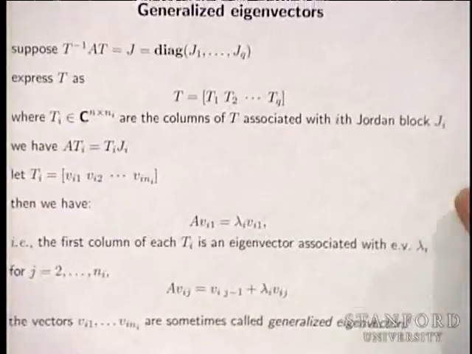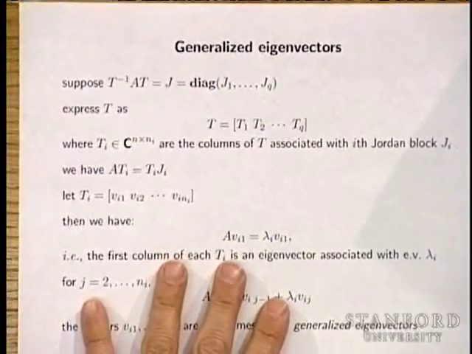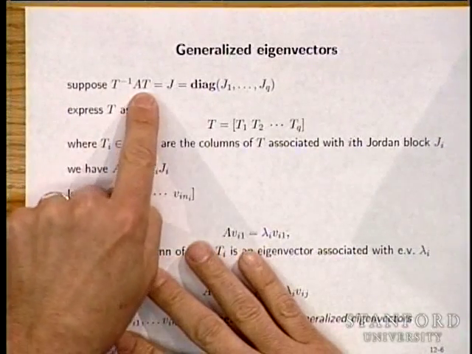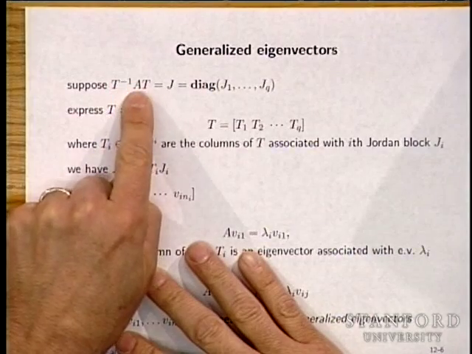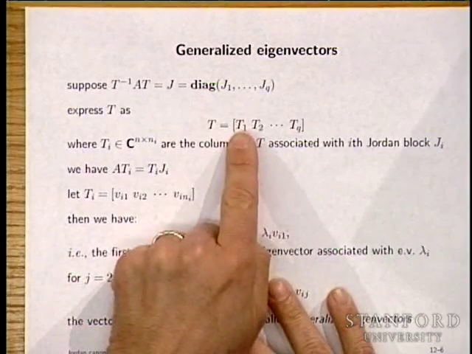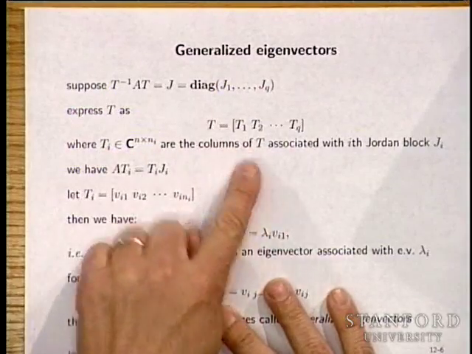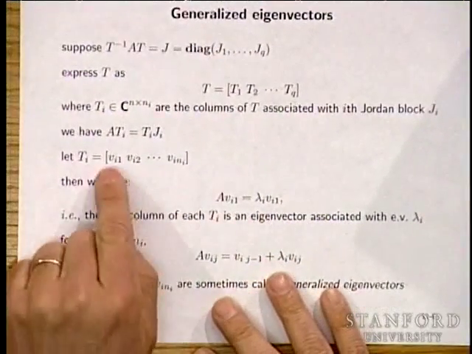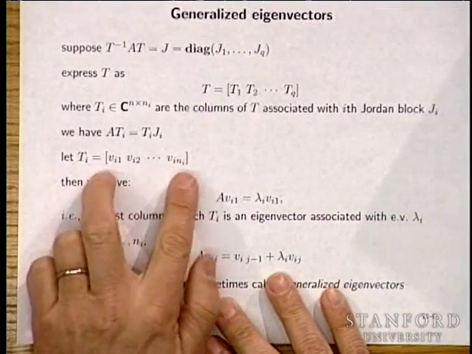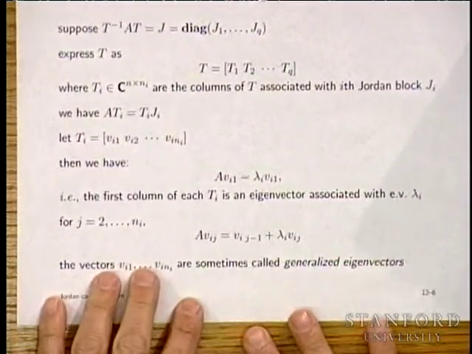Okay. Let's look at, naturally, the columns of T in T inverse AT equals J. They are called generalized eigenvectors. You group these according to the blocks, and these are the columns of T associated with the Jordan blocks. If you split these out as columns, then you'll get something like this.